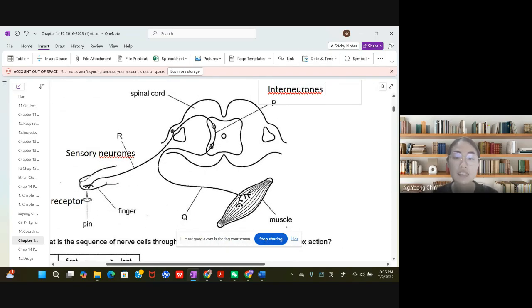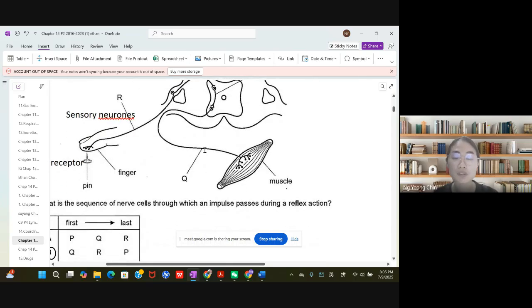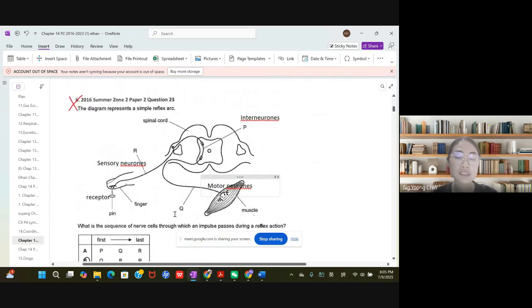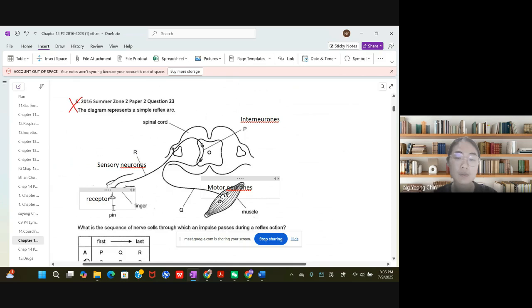The interneuron will transmit the nerve impulse to the motor neuron, because the motor neuron is connected to the effector. So this is the motor neuron, Q. So the answer is RPQ. It means the nerve impulse goes from the receptor to the sensory neuron, then to the interneuron located within the spinal cord, and then gets into the muscle by the motor neuron.